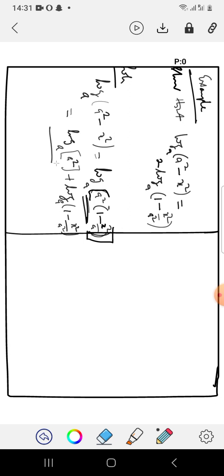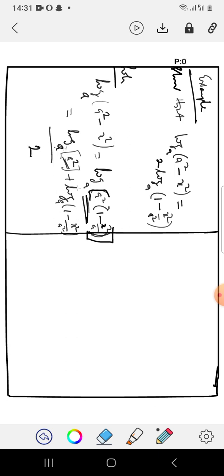Now let's look at this one. What power of base a will give you a squared? That's of course 2, because if you square the base, then you get a squared. So this is definitely 2.